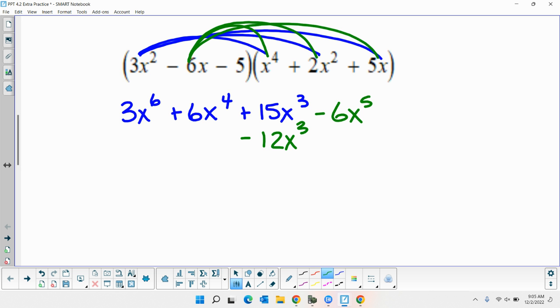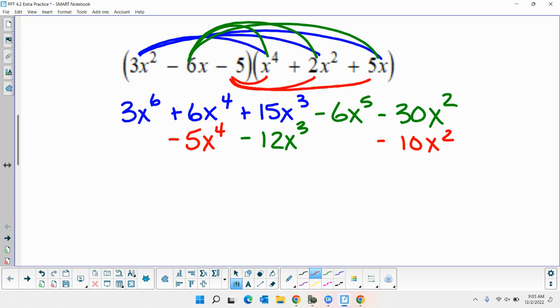Negative 6 times 5 is negative 30, and x times x is x squared. There's no x squared, so I'm going to put it there. Okay? Then I'm going to multiply negative 5 times x to the fourth. Negative 5 times 2x squared is negative 10x squared.